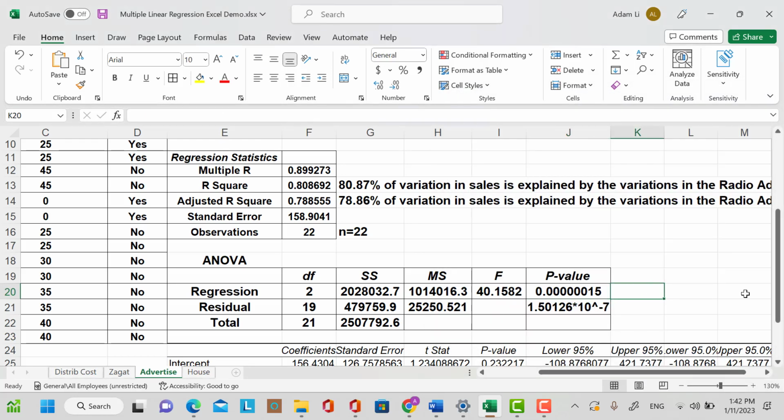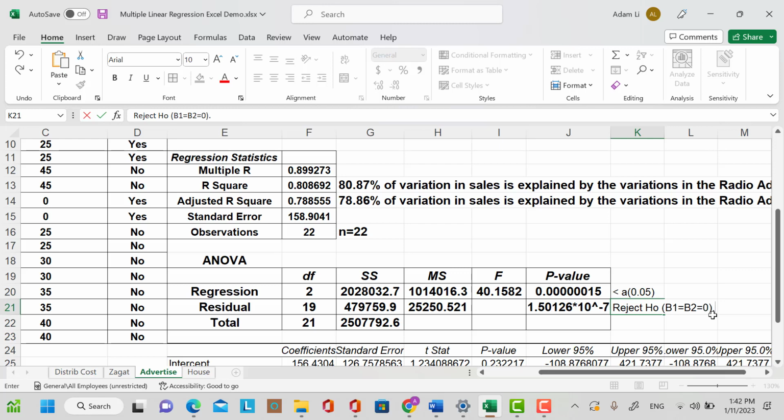So this is definitely smaller than alpha. Alpha is always going to be 0.05. So this tells us we're going to reject H0. Let me just quickly remind you, H0 is beta 1 equal to beta 2 equal to 0.